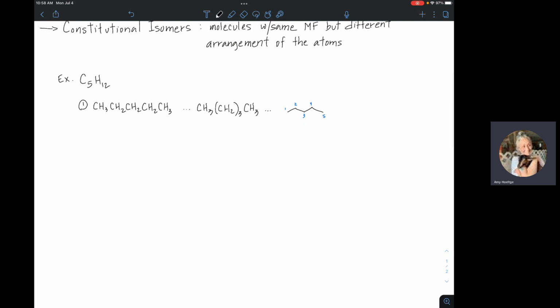I can rearrange this particular molecule. I can take a group and essentially move it. So if I wanted to take one of the methyl groups on the end and move it in one carbon and swap it out with a hydrogen, I have another constitutional isomer.